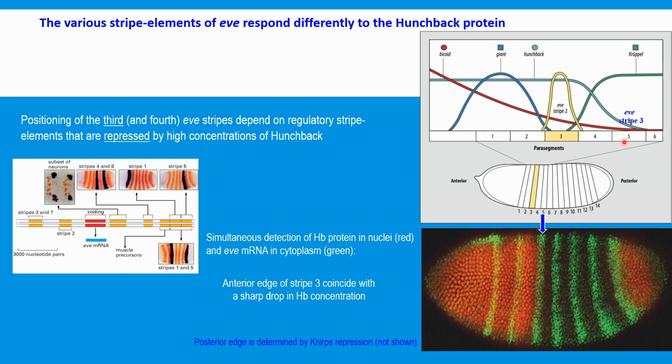So its enhancer region is repressed by hunchback. So only when hunchback levels drop down low can we get a stripe of Eve expression here. And this can even be seen if we look into the embryo, we see that hunchback in red, its levels drop off here, and then we can get this expression of Eve coming on.